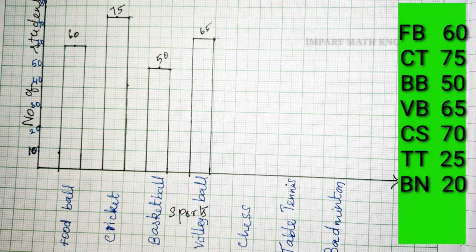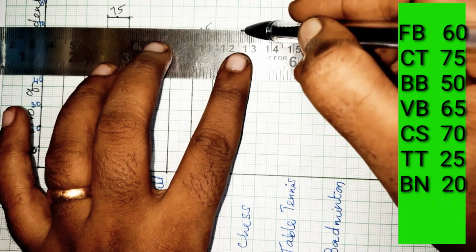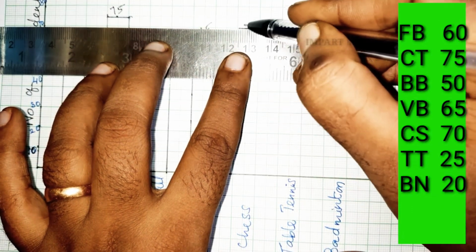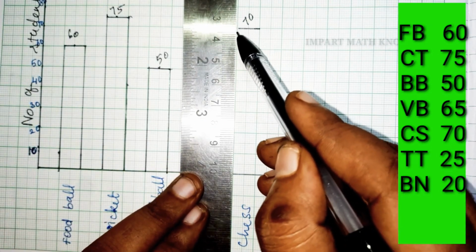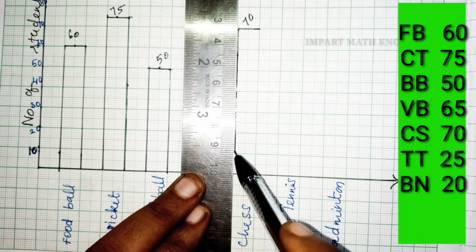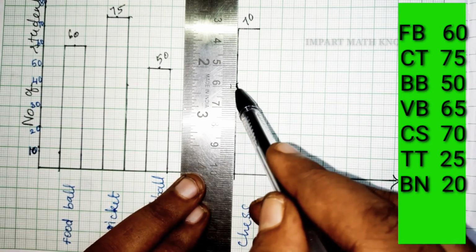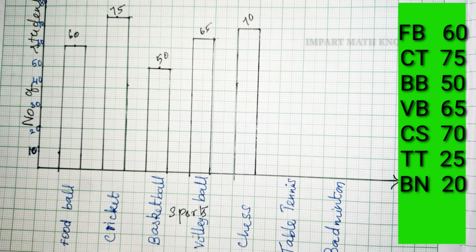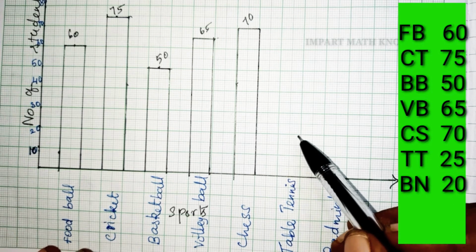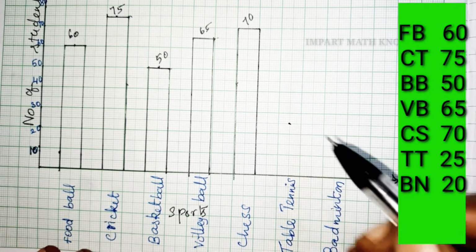Chess is the favorite for 70 students. So 70 is some point here. Draw a vertical bar. Some 25 students are very much interested in table tennis. 25 is some point here in between 20 and 30.